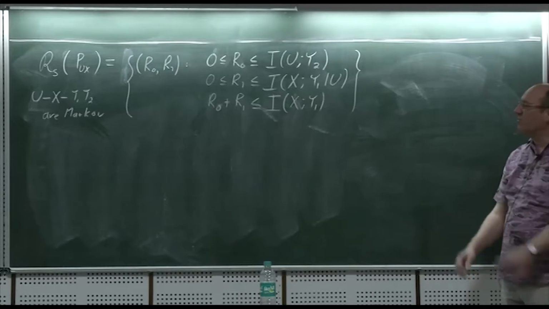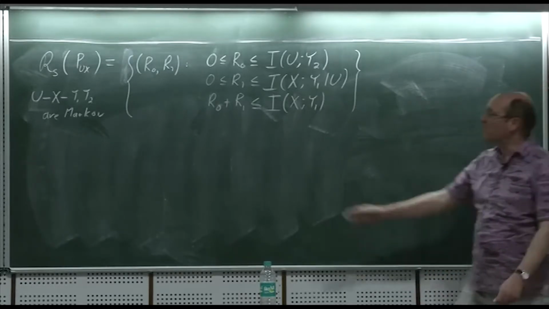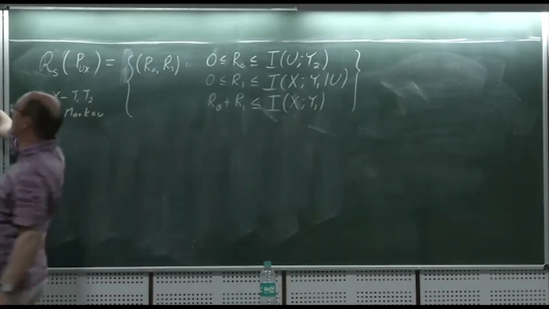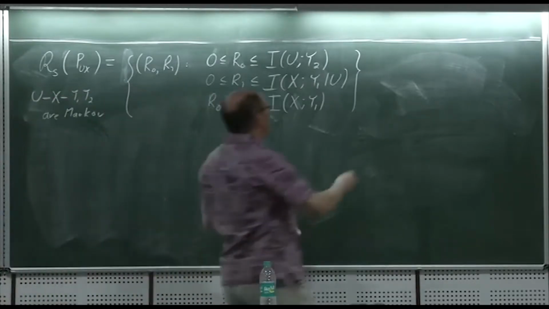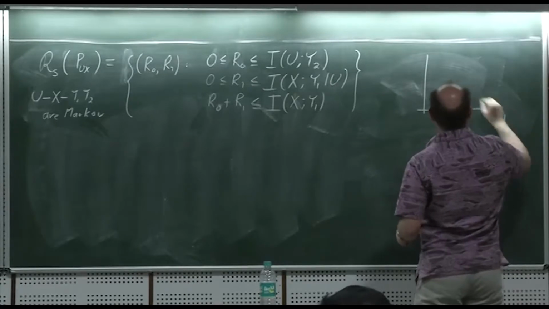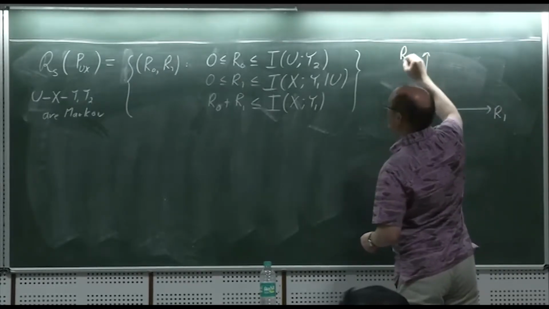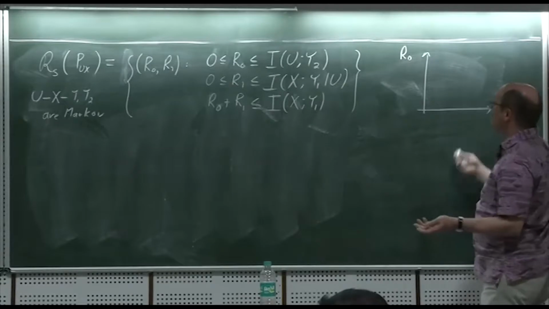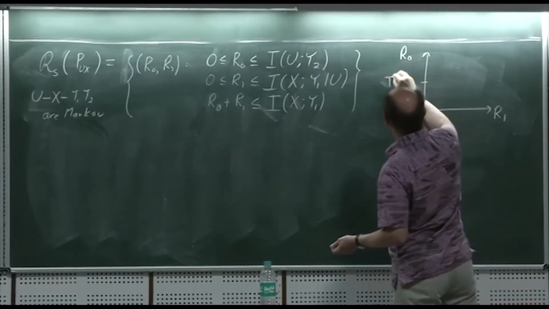Okay, so that's the achievable region. Now we can look at this in this plane here, and what do we see? If I plot this in this plane, we have here R1, R0. We see there's a pentagon shape. This one here is at I(U; Y2).